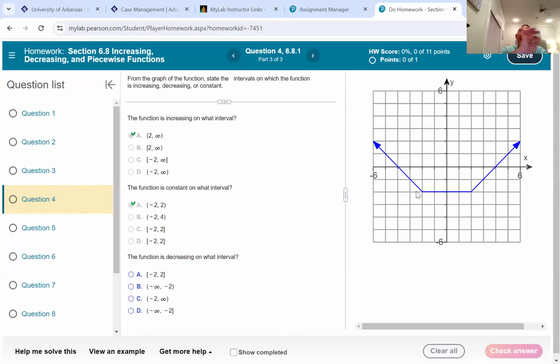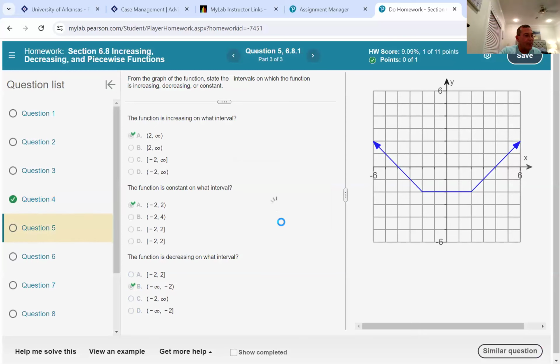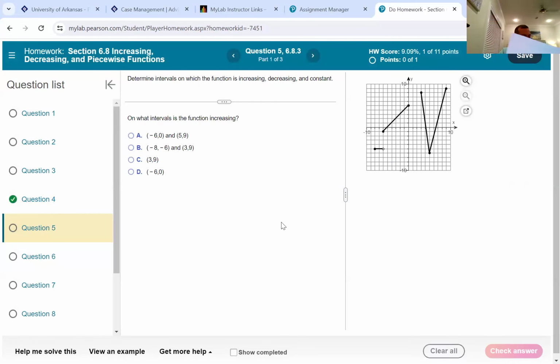So this would be from negative infinity to -2. So you'll notice those points, -2 and 2. -2 was the point on the x-axis where it went from decreasing to constant. And then +2 was the point where it went from constant to increasing.